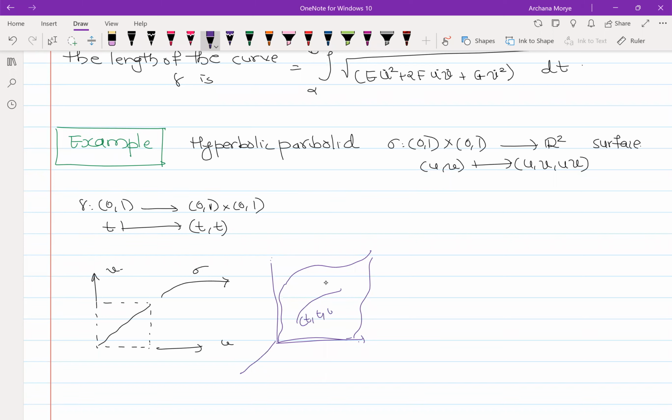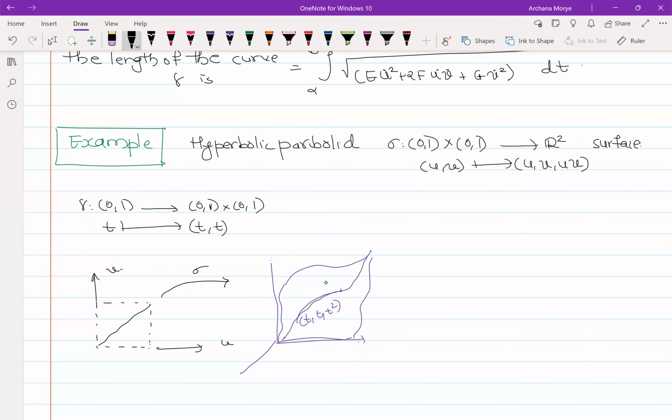Yes, I used GeoGebra long ago. Right, exactly. Or even if you have MATLAB, just use that or anything. You take this image and see how the surface looks. I'm not so good at drawing these things. Sigma is just an image of this inside R3.